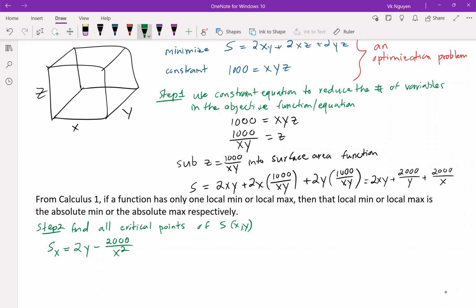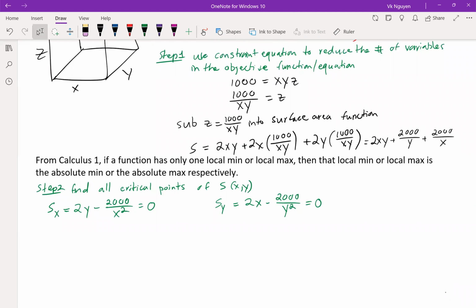Okay, so we set it equal to 0, right? And we also have S_y, 2x minus 2000 over y squared equal to 0. Okay, so we have two equations, two unknowns. We should be able to solve for x and y.